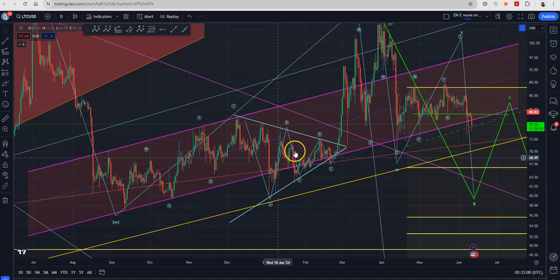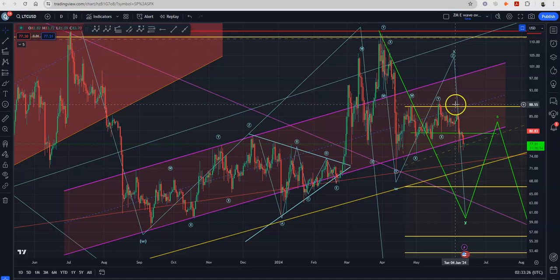The change of character is here. We have potential, what they call spring tests here. It's phase A, phase B, phase C. And then we have another phase C here. There's upthrust and then upthrust after distribution. And now we have a sign of weakness here, SOW.